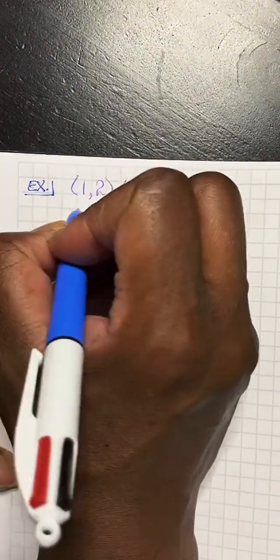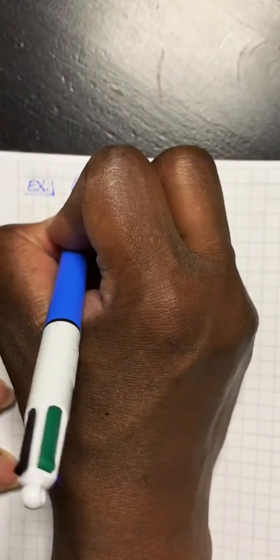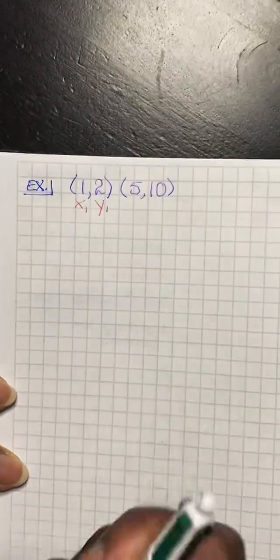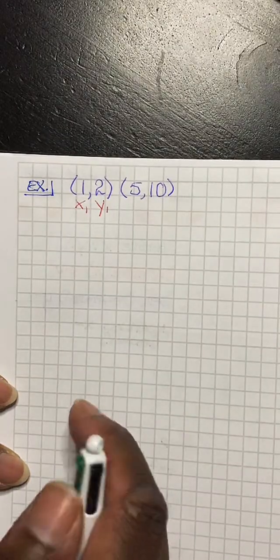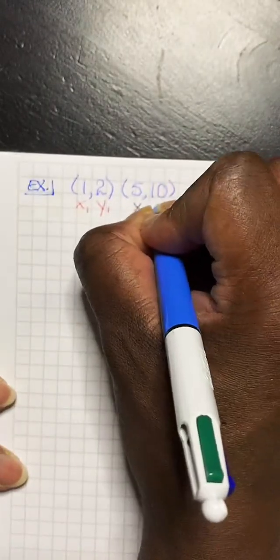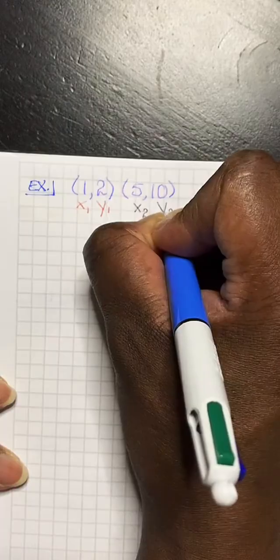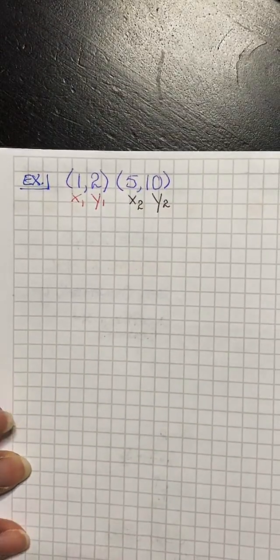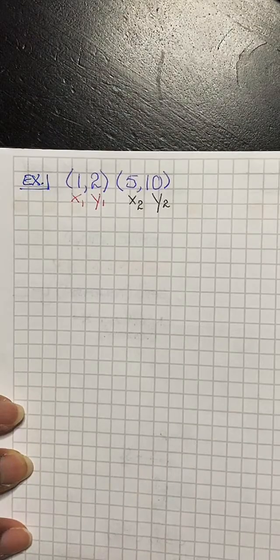With that in mind, this is your x sub 1, y sub 1. This will be your x sub 2, y sub 2. Okay, try to find my slope.